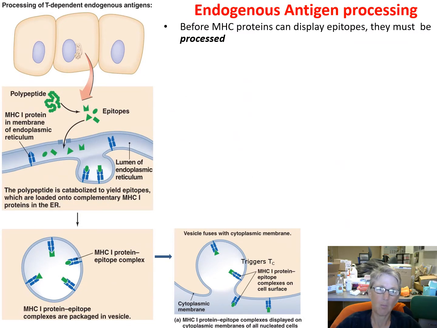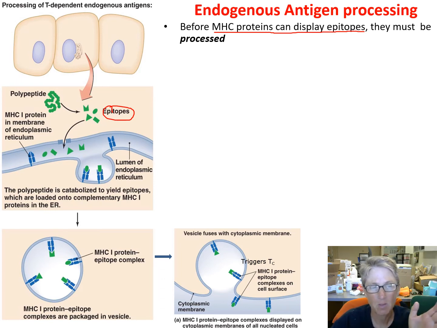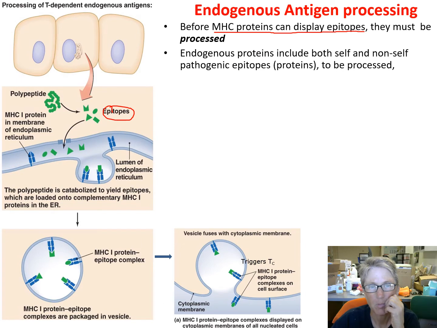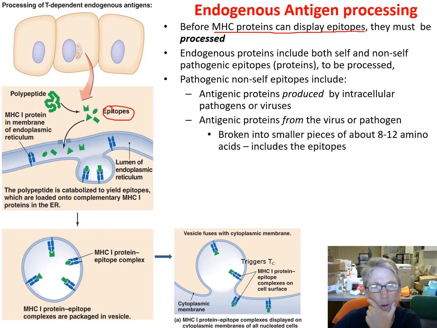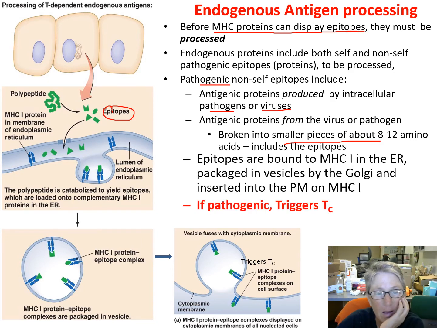So we'll look at this in a little more detail, endogenous antigen processing. Before an MHC protein can display the epitopes, they must be processed, and that happens in the endoplasmic reticulum. If you are a pathogenic non-self epitope, that would include proteins produced by viruses or pathogens, you break those antigenic proteins into really small pieces of about 8 to 12 amino acids, and the epitopes are included in that.